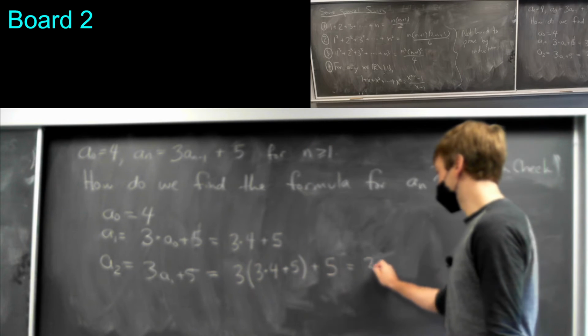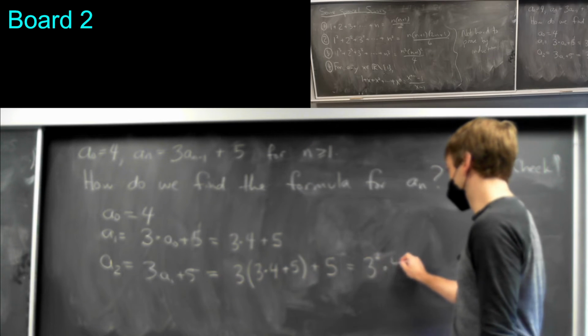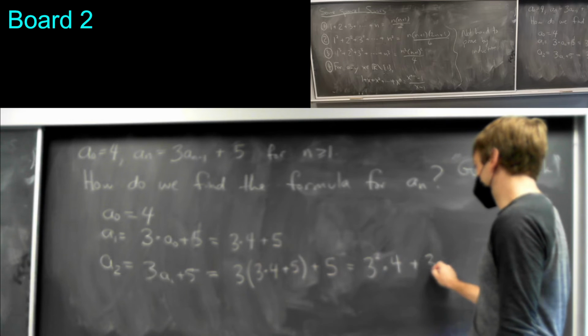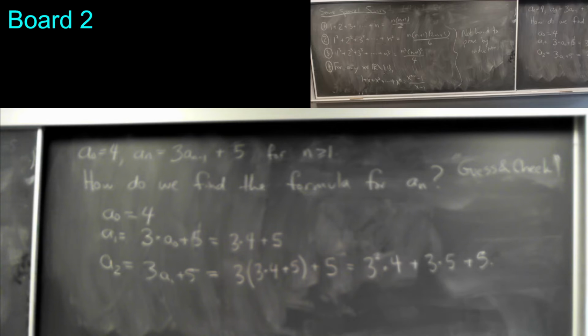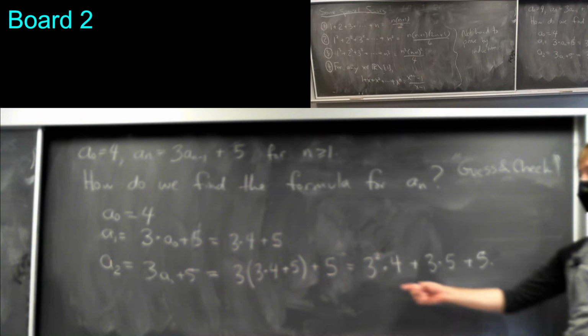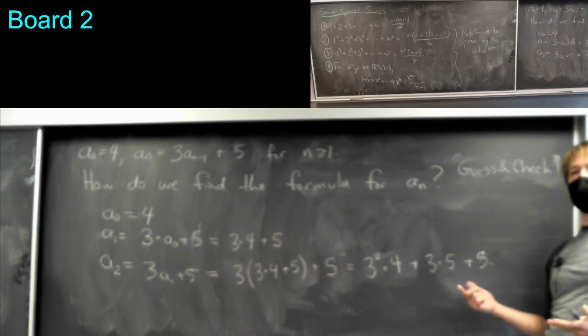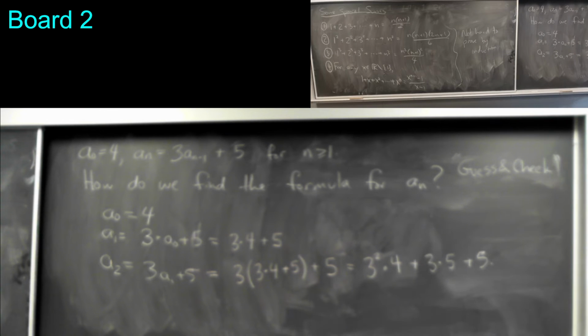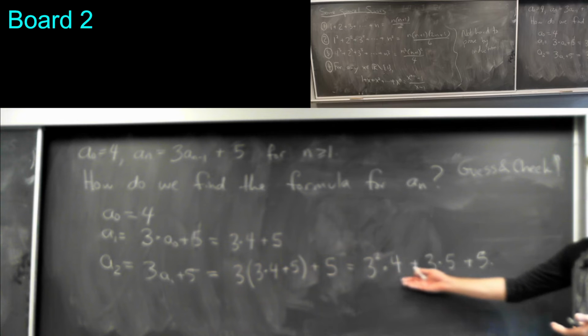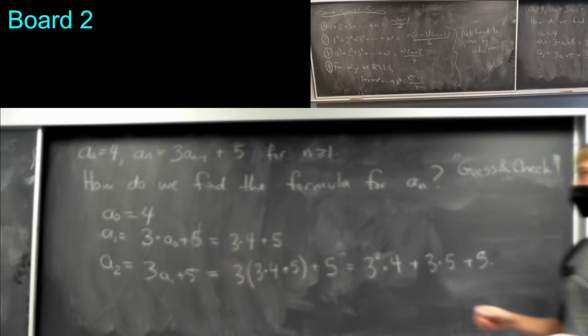So it's 3 squared times 4 plus 3 times 5 plus 5. Which again is weird, because why wouldn't I just compute this? But the point is that we're going to start to see a pattern form. And if I compute the actual numbers, you won't be able to see the pattern.